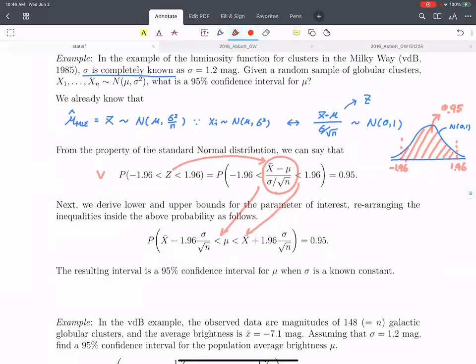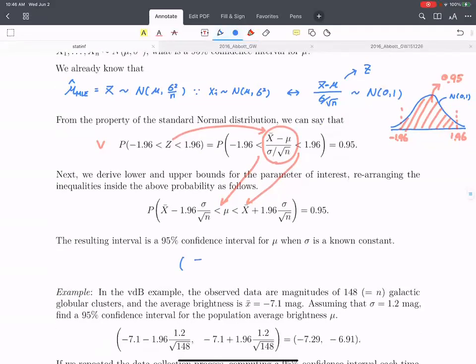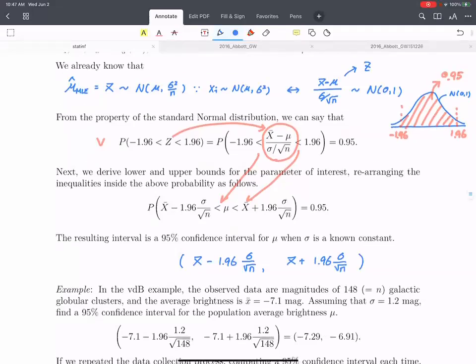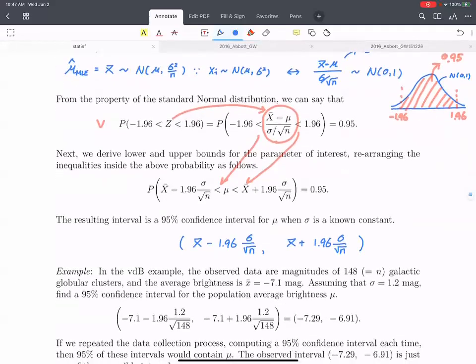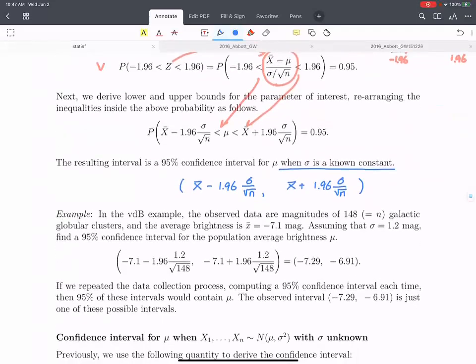So a 95% confidence interval is defined by those lower and upper bounds. Specifically, it will be the sample mean minus 1.96 times sigma over square root of n, and the sample mean plus 1.96 times sigma over square root of n. This is a 95% confidence interval for mu when sigma is a known constant.